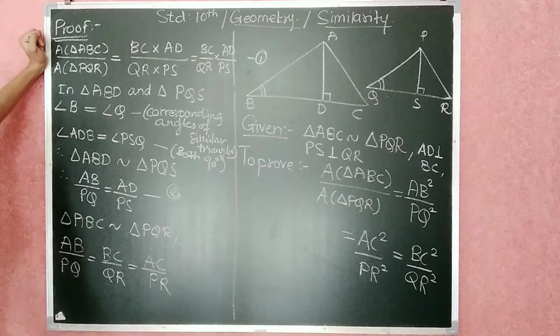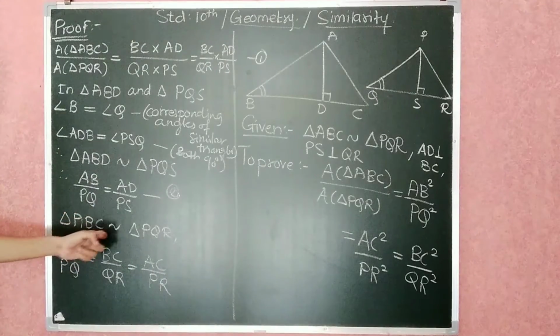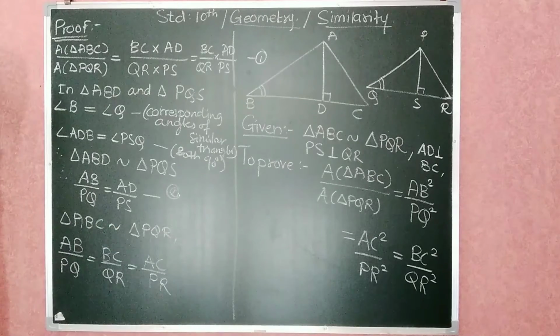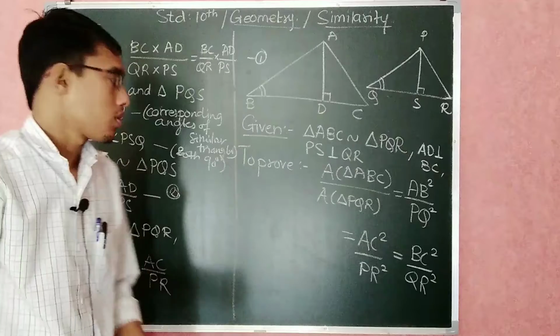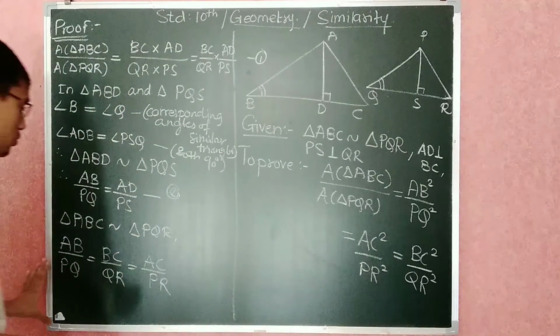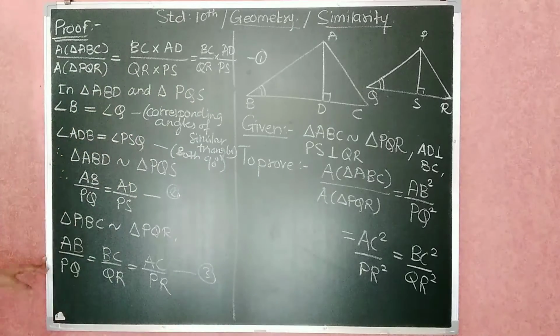We can take the ratio of their corresponding sides in the same proportion. This is going to be equation 3.